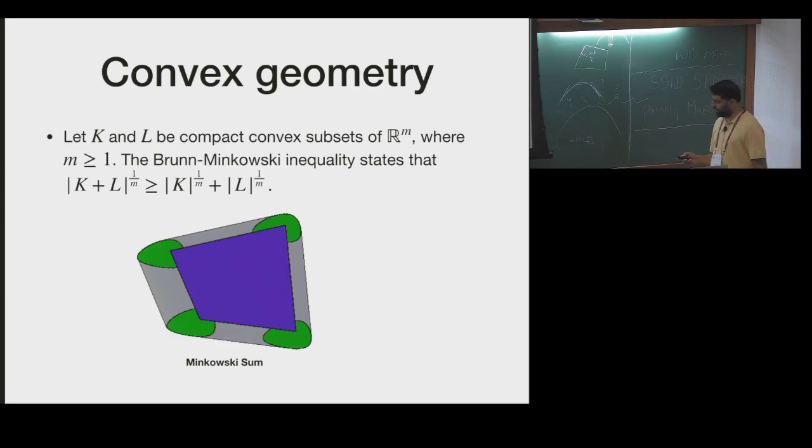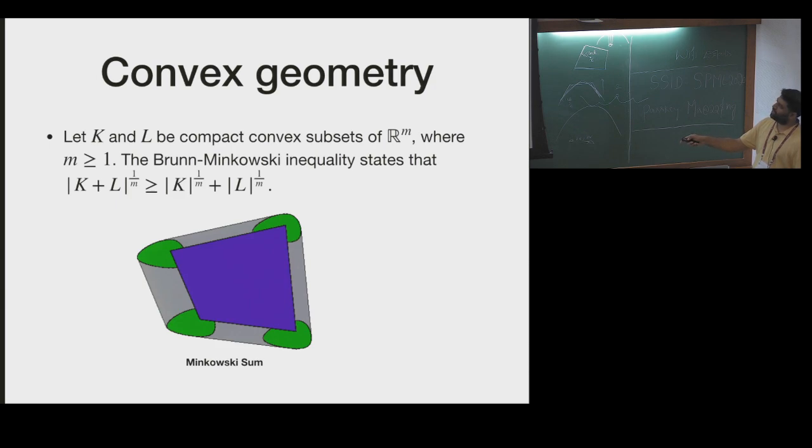The main tool is the Minkowski inequality. What this says is that if you have two convex sets, it's actually more general than this, but we'll care about the case when K and L are convex. Take two convex sets and look at the Minkowski sum. Here is a convex set K, and the green is a convex set L. We are adding L to K. In our setting, actually, this will be L and the green thing will be K. You think of adding K to L, and you get this gray set, which is the union of everything.